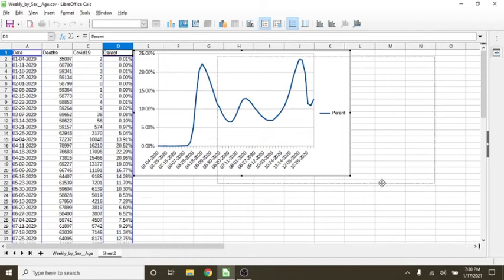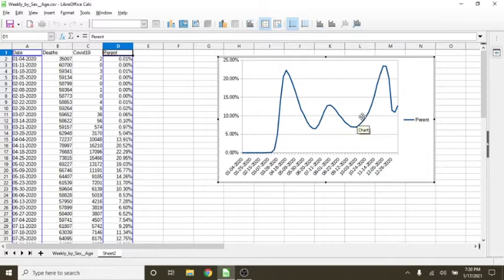Well, according to this plot, currently COVID-19 accounts for 10% of the deaths. At its highest, back over here, it was over 20% of the deaths.